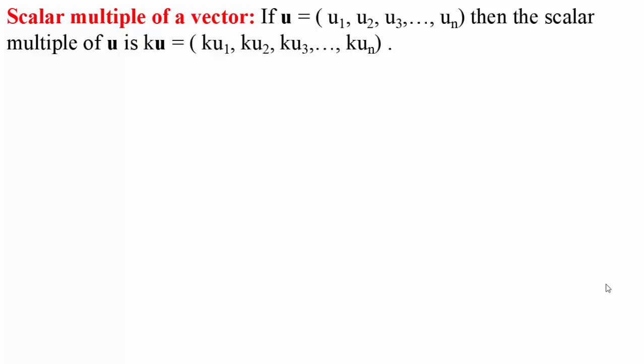That means multiplying a vector by scalar k is nothing but multiplying every tuple of the vector. Zero vector is denoted by 0, and it is the n tuple 0, 0, 0, so on 0.